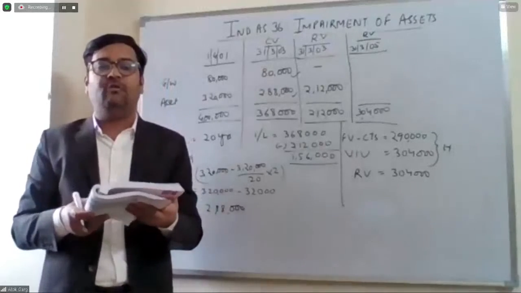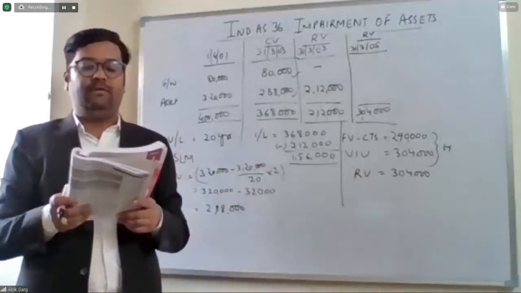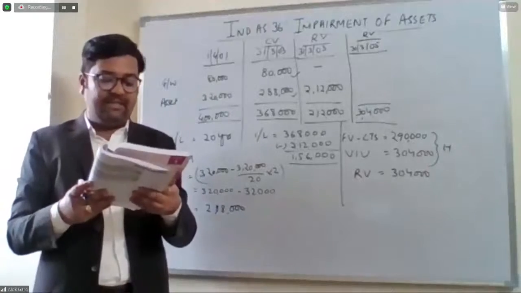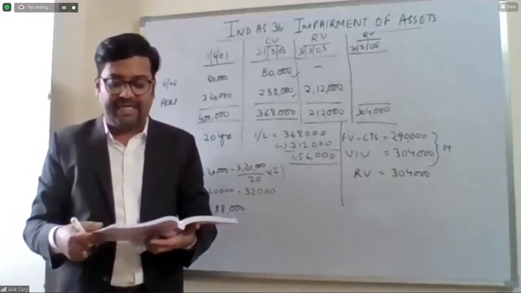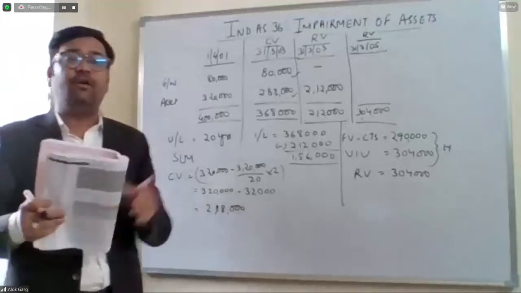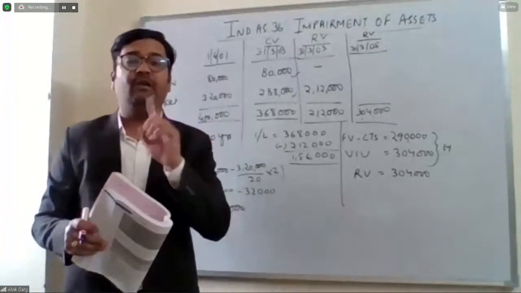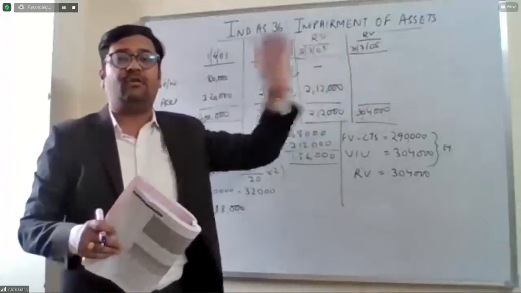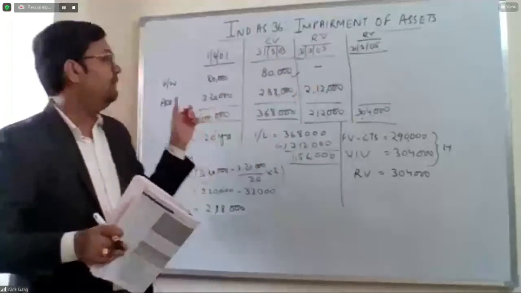In this case, we will not reverse the impairment loss on goodwill. We have to see only the asset.